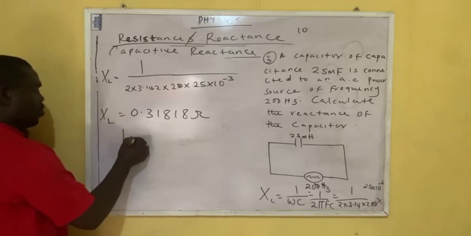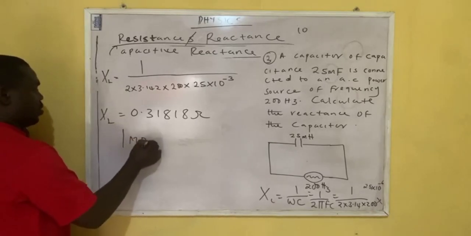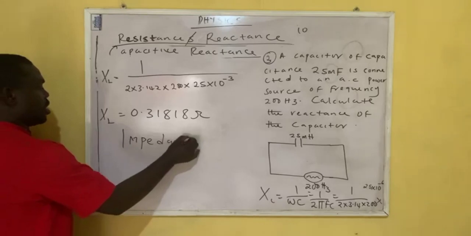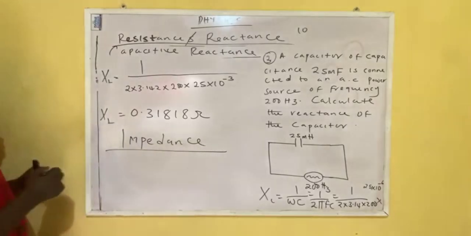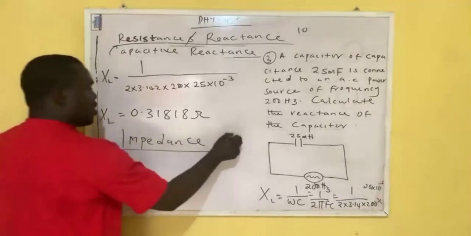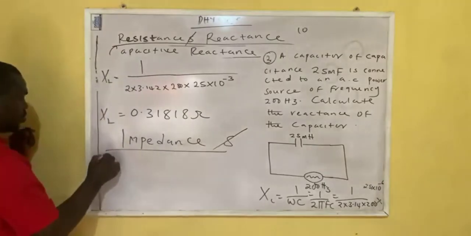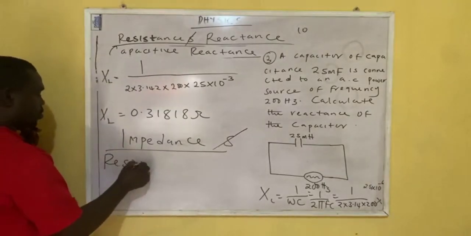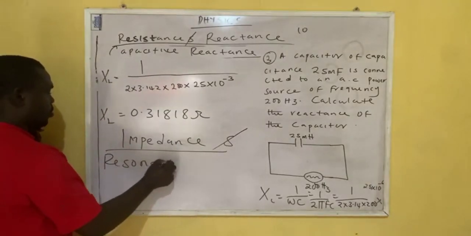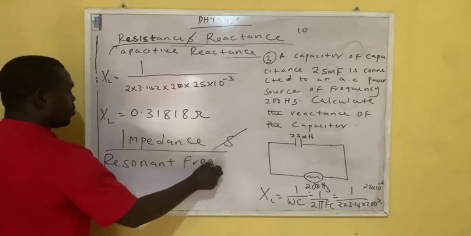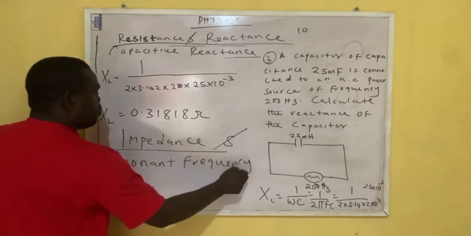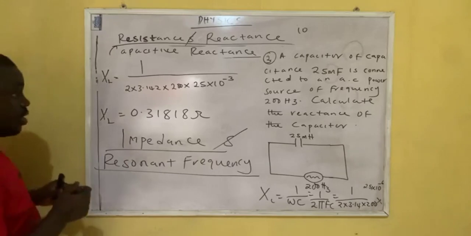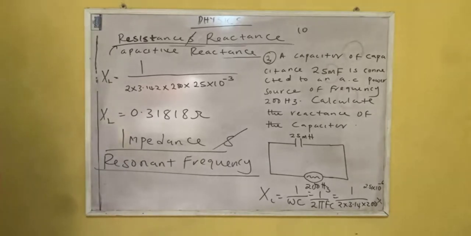So that takes us to the last thing I would like to consider: impedance and resonant frequency. Now, impedance, how do you explain impedance?